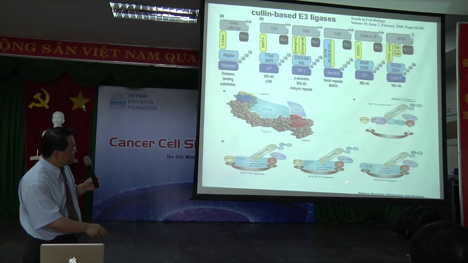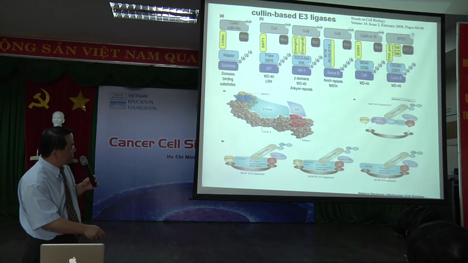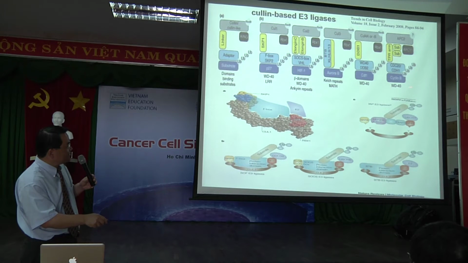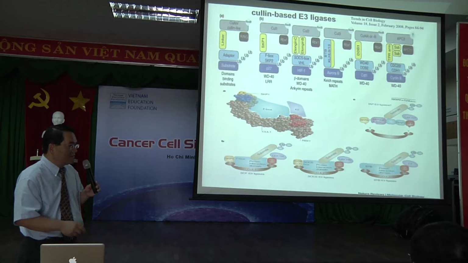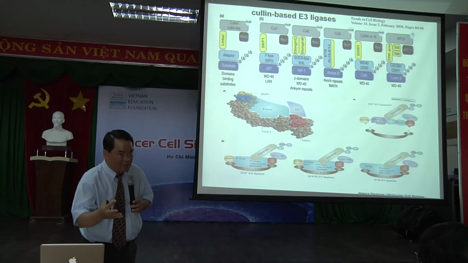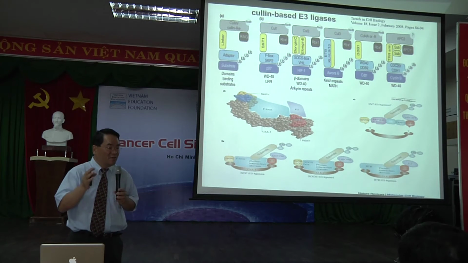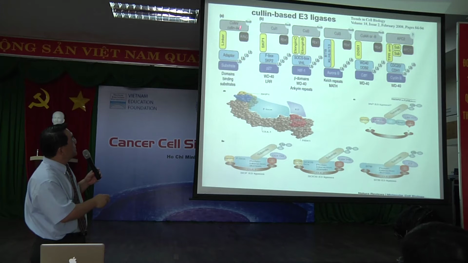You want to look at the CUL2 complex. This is the CUL1 complex, this is the CUL2 complex, and this is the CUL3 complex. Very similar organization. So basically, you get an idea that it's such a complicated process that requires several proteins to recognize one protein for degradation. Here, the linker, the ring, the adapter, all shown here.